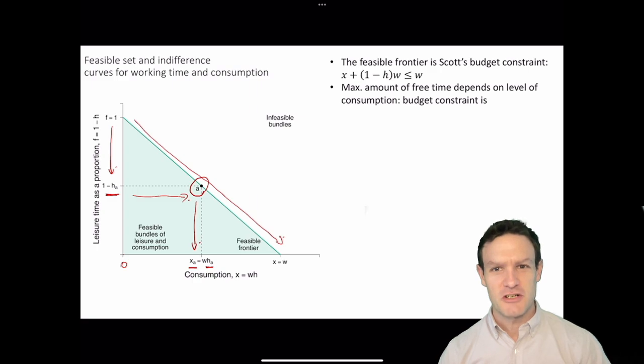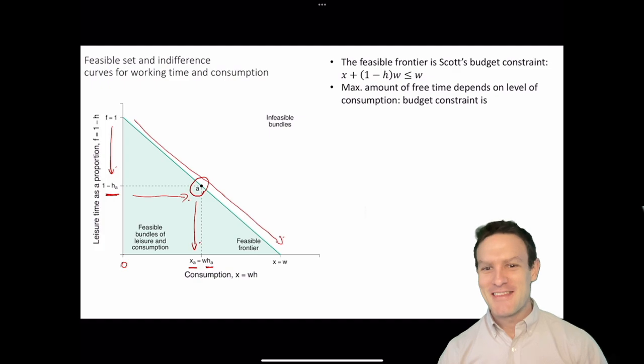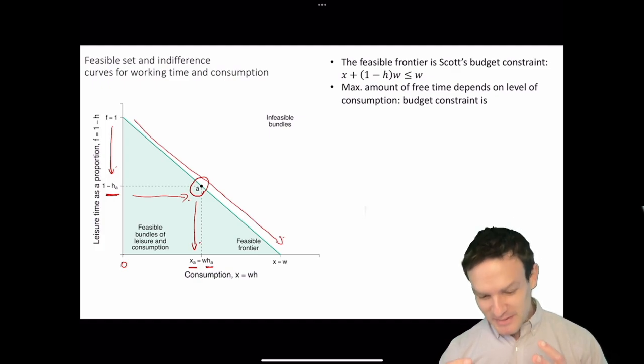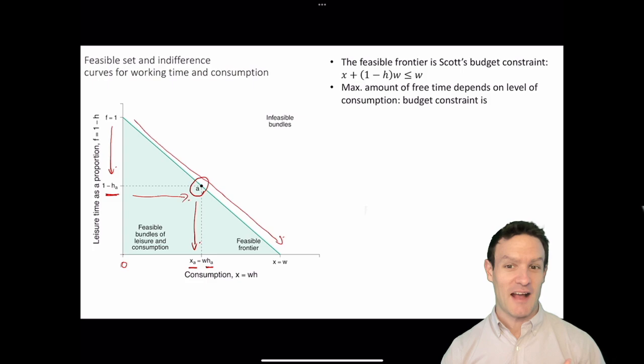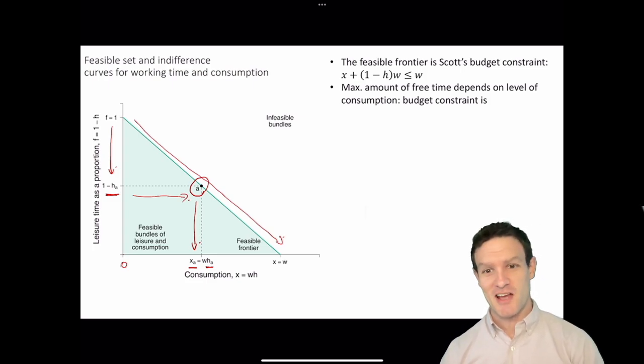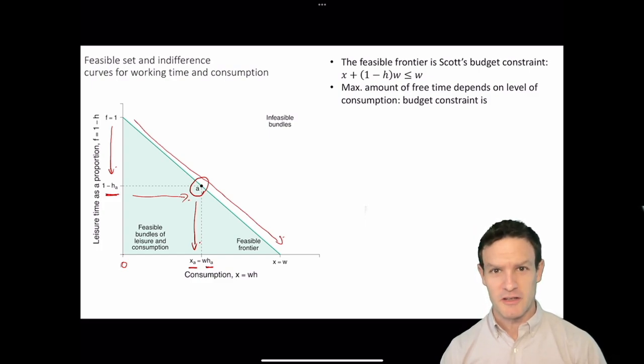The feasible frontier is Scott's budget constraint, which is equal to X, his consumption, plus 1 minus H times W. So what's 1 minus H? That's his free time. Remember the vertical axis is measuring his free time. And that free time is equal to 1 minus H. H is the number of hours he spends working. So 1 minus H times W is less than or equal to W.